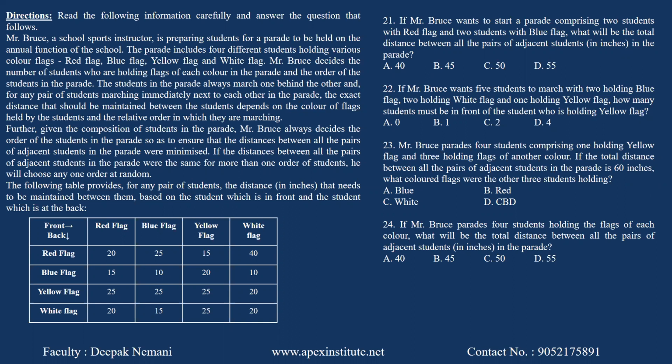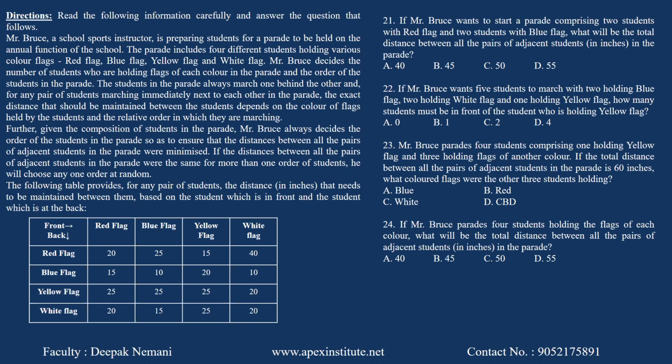Fine. For any pair of the students marching immediately next to each other in a parade, the exact distance that should be maintained between the students depends on the colors of the flag held by the students and the relative order. Now, further, given the composition of students in a parade, Mr. Bruce always decides the order of the students in the parade so as to ensure that the distance between all the pairs of adjacent students in the parade is minimized.